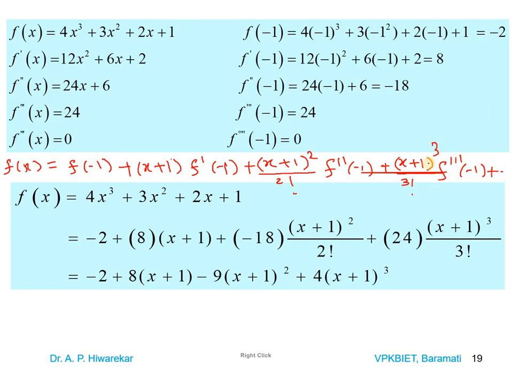So we have this particular formula with us.